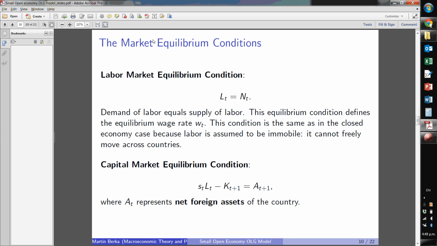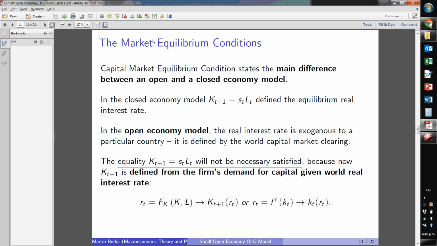The difference between these two defines the net foreign assets, which may be positive or negative. Because these do not need to be equal, we have an issue. We can't pin down the domestic interest rate without making any other assumptions.